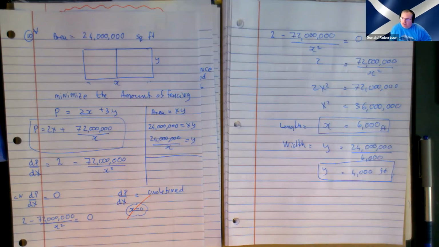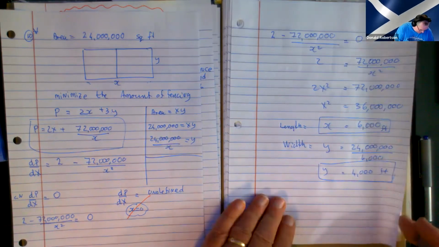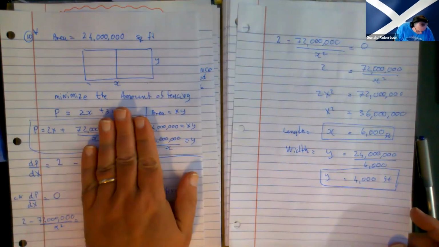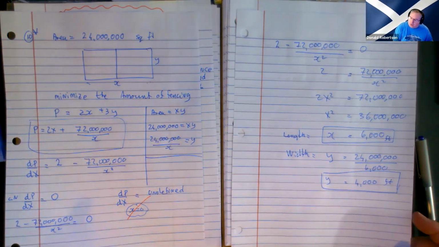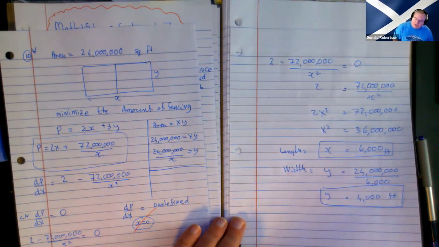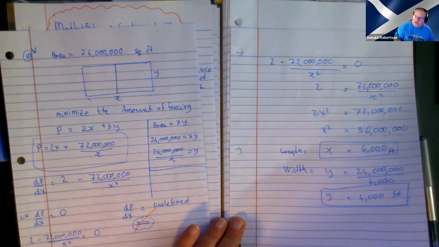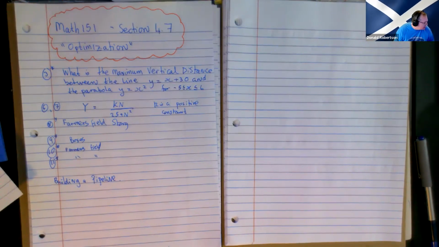Any questions? So even although that was a rectangle question, didn't the math look a little bit different? Because in one, you knew the area and you were trying to minimize the fencing, and in the other, you knew the fencing and you were trying to maximize the area. They were similar, but not quite the same.